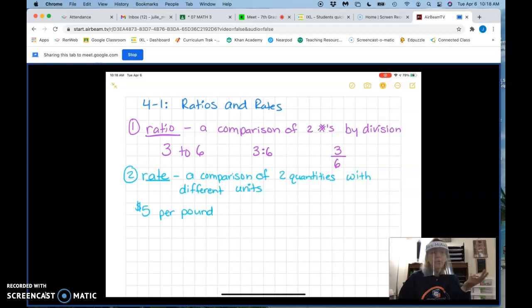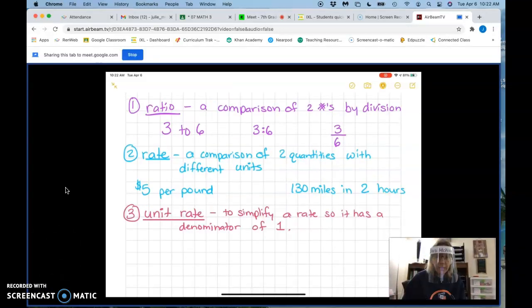I'm comparing two different things, dollars and pounds, and it's $5 for every 1 pound. Another example would be if I drove 130 miles in 2 hours. I'm comparing two different things with two different units, and then that's it.